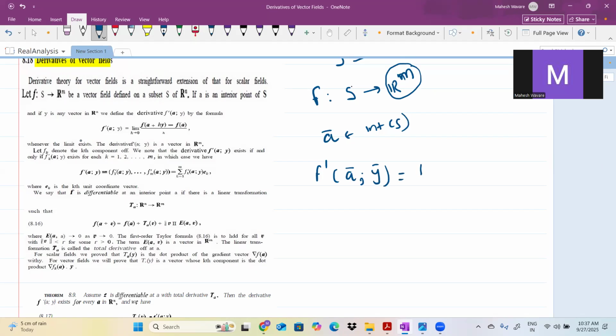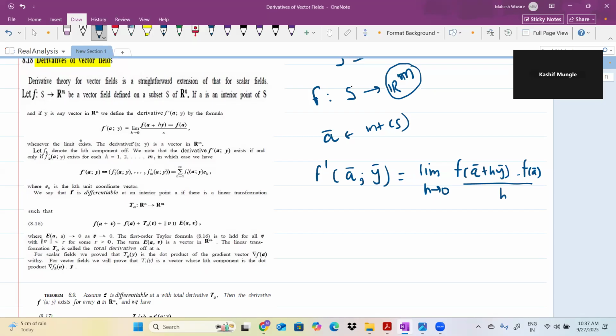And this definition is the limit as h tends to 0 of f of a bar plus h y bar minus f of a bar, divided by h. Like the scalar case, the only thing is that this f value is a vector.